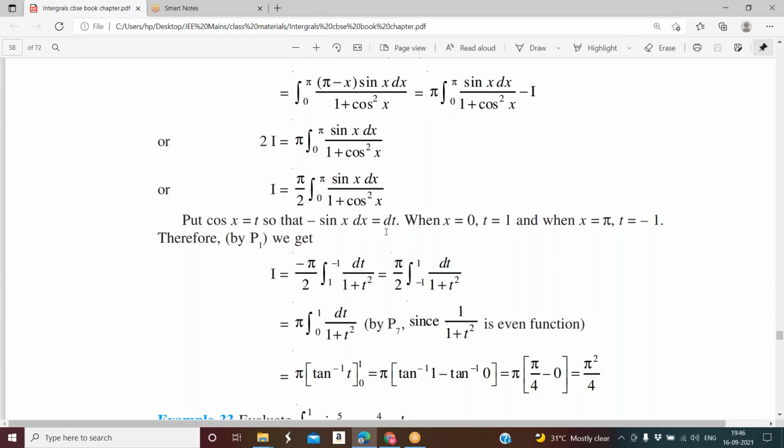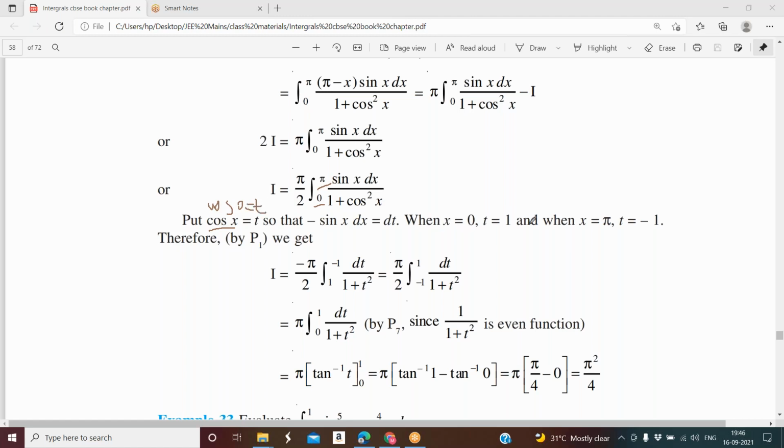Now we have to change the limits also. What is the lower limit of x? 0. What is the upper limit of x? Pi. When x takes 0, cos 0 value is 1, so t is 1.